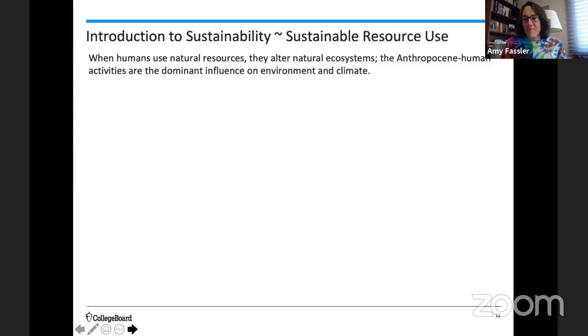We have some impact. Our activities are going to have an impact. And in fact, scientists have now coined the term Anthropocene to describe the current geologic epoch that we're in, where it's really human activities that are the dominant influence on the environment and climate.